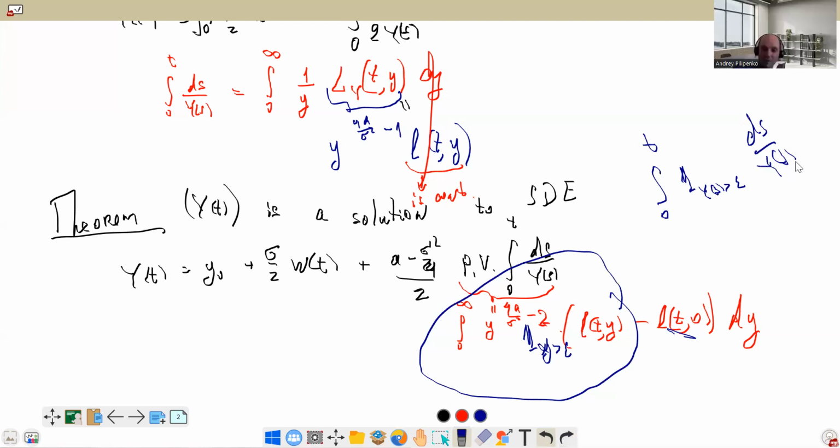And if epsilon goes to 0, and if you hit 0 before t, then this integral converges to infinity. Now, if you consider this integral with the indicator y greater than epsilon, then this integral is just 0. No, it is not 0. It increases only when the process hits 0.